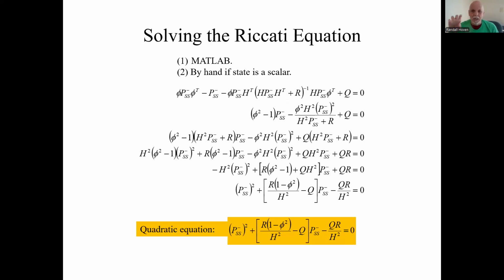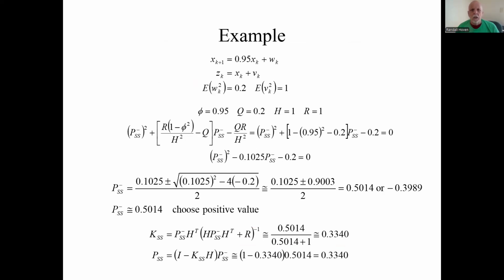So if you get bigger matrices, you can have MATLAB do it. If you have a scalar problem, you can do it by hand. Again, I'm not going to go over the algebra, but if it is a scalar problem, the Riccati equation just ends up being a quadratic equation, and you can solve it by hand. And I put this on exams sometimes.